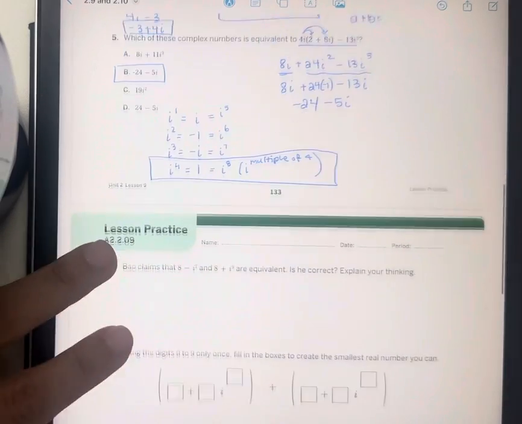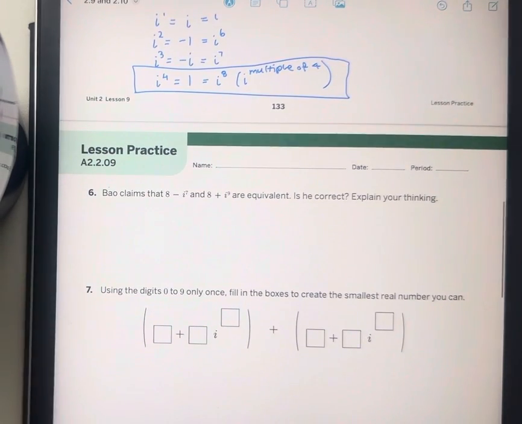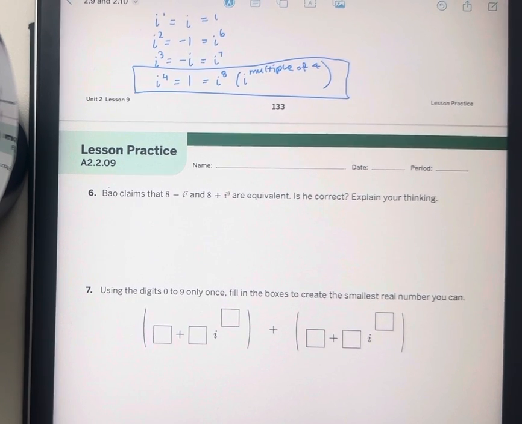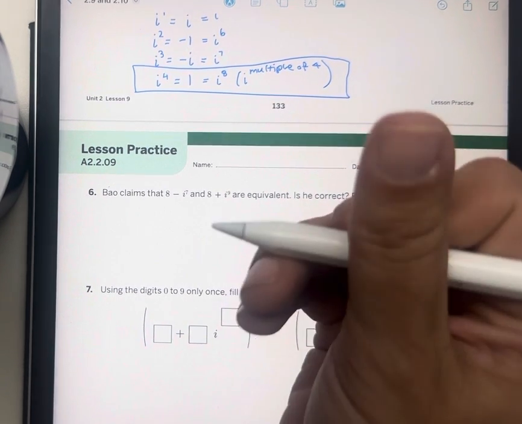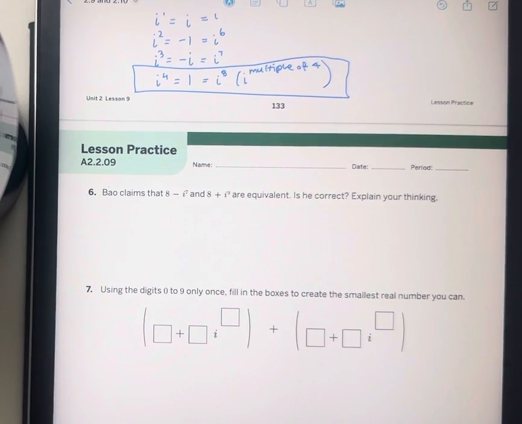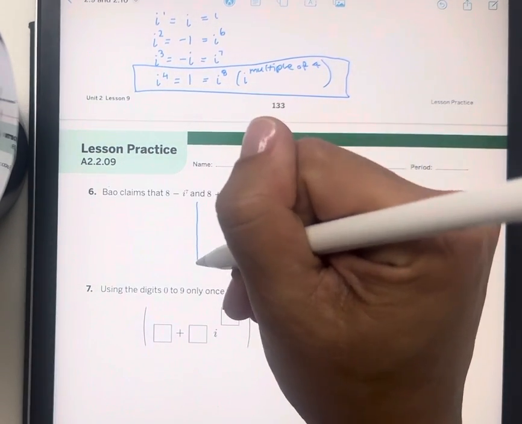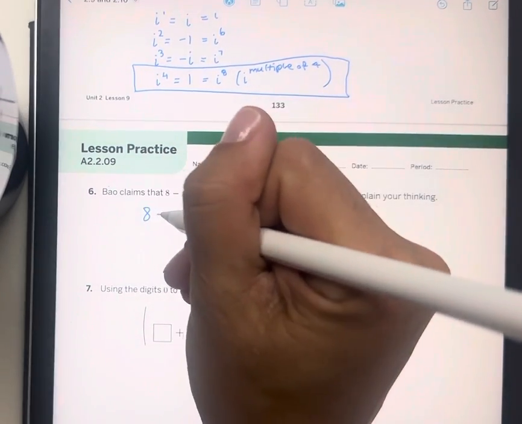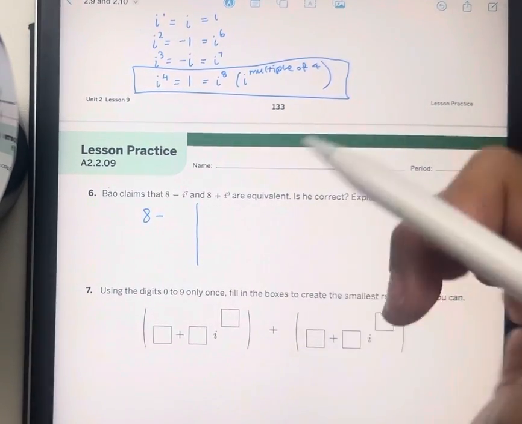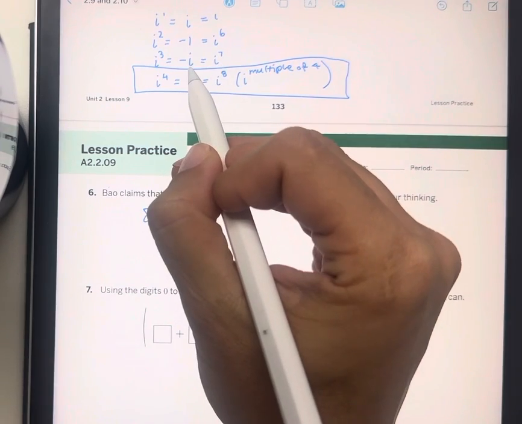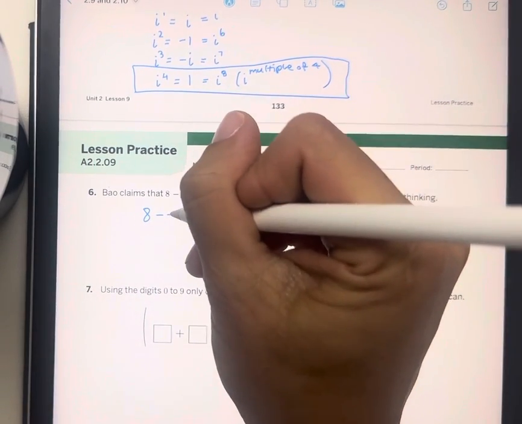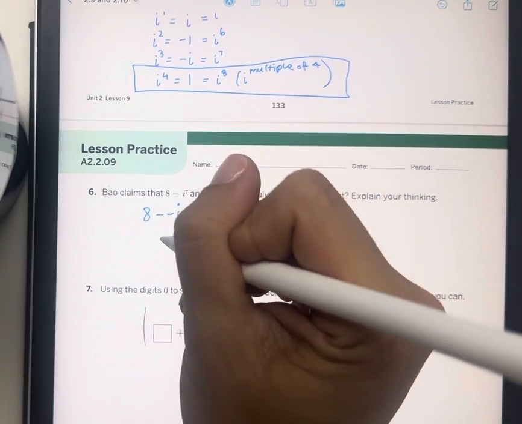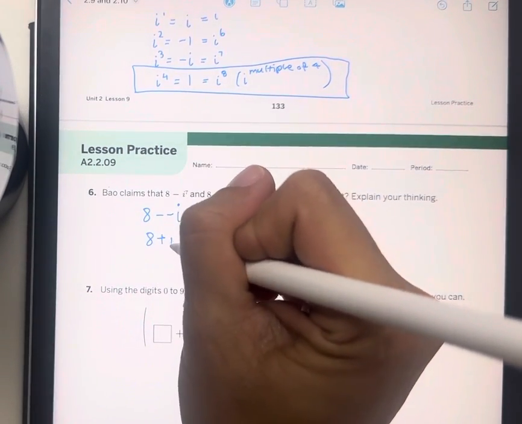Okay. We're gonna look at number 6. Bao is claiming that a minus i to the 7th is the same as 8 plus i to the 9th. Well, let's see. i to the 7th is negative i. And minus minus becomes plus.